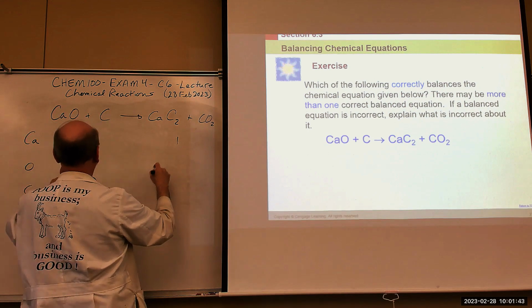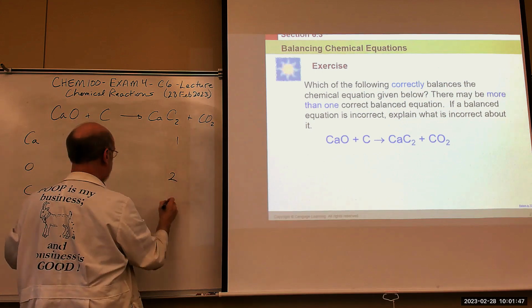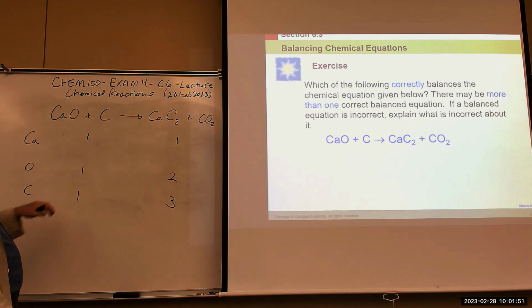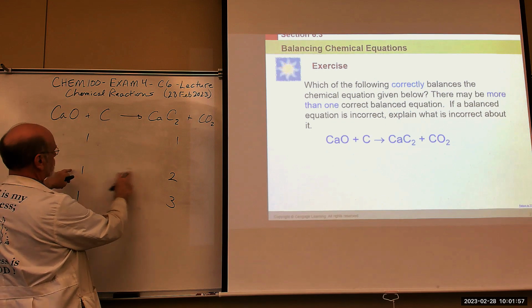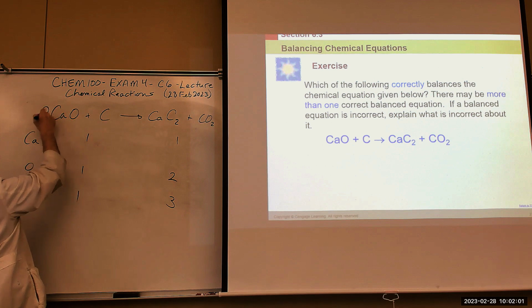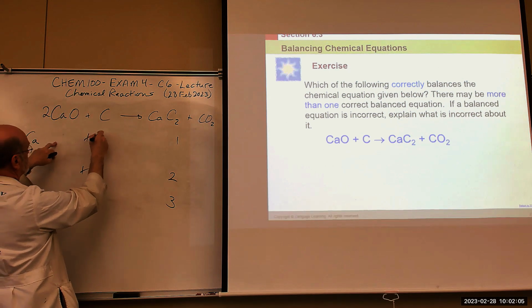One calcium, two oxygens, and three carbons. Okay. So we're going to hold this carbon till last. And the next one available is oxygen to balance. So we got two oxygens there. We need two oxygens here. That gives us two oxygens. It also gives us two calcium.